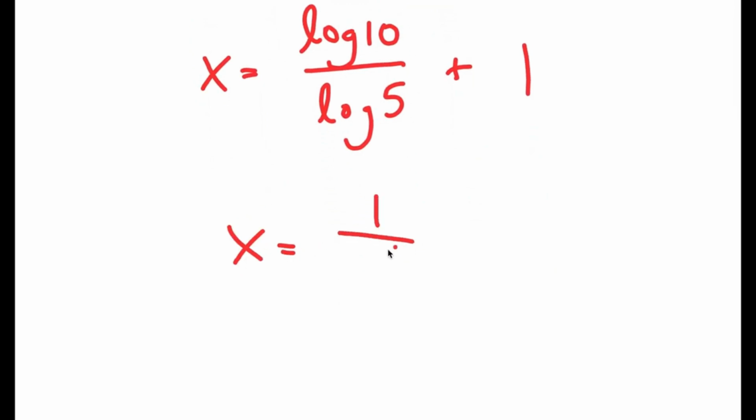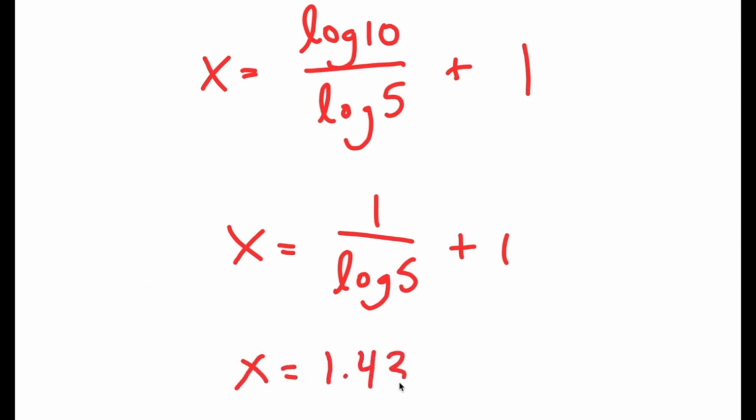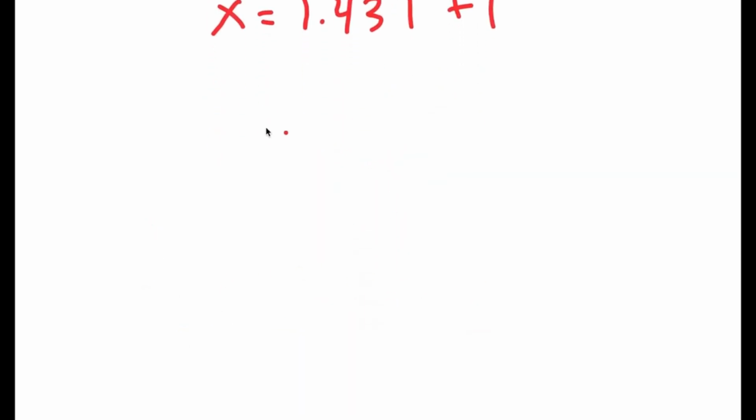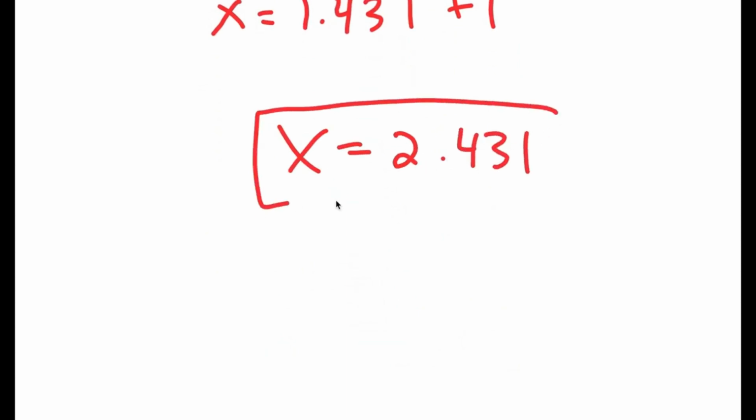So I get x equals 1 over log 5 plus 1. So now all that's left to do is do 1 divided by log 5 in my calculator. So I get x is equal to 1.431 plus 1, which is equal to 2.431. So this is my answer.